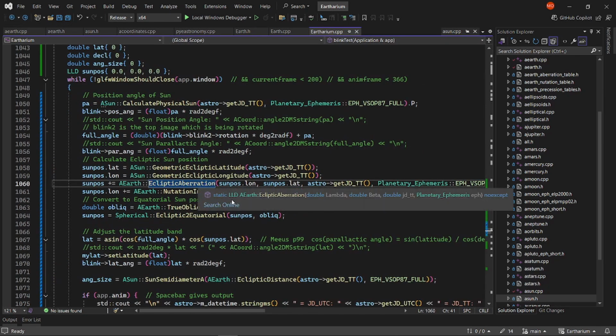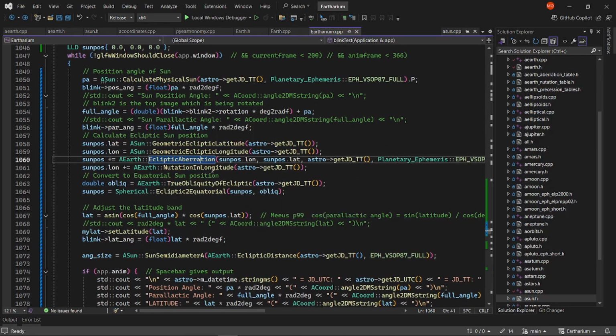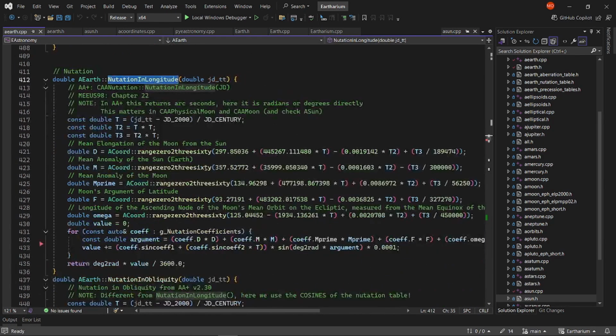It's not necessary to compensate for aberration here at all with the accuracy that we are looking at, but I'm including it nonetheless. And the same for the nutation in longitude. Nutation is the slight wobble of the Earth's axis, not over 26,000 years, but over the 18.6 years that the moon takes to complete a full precession cycle.